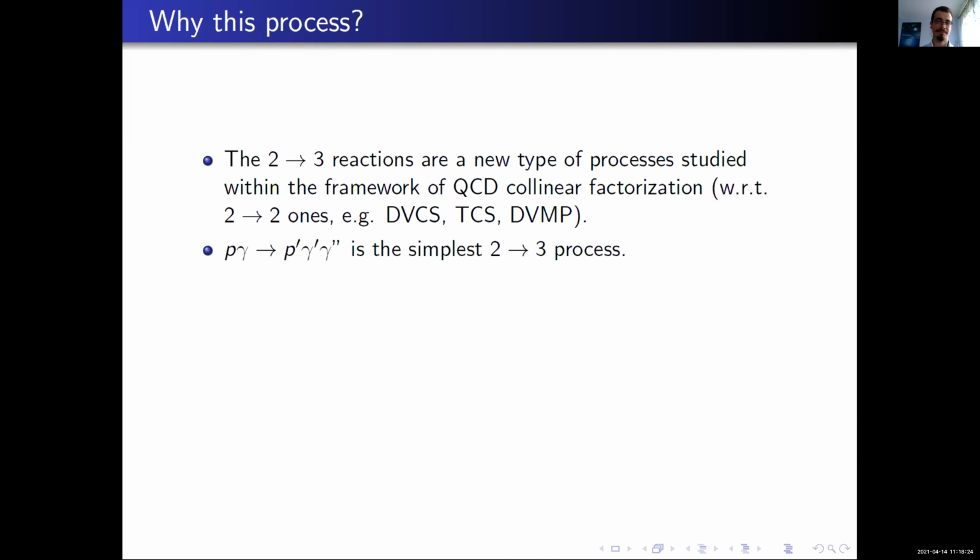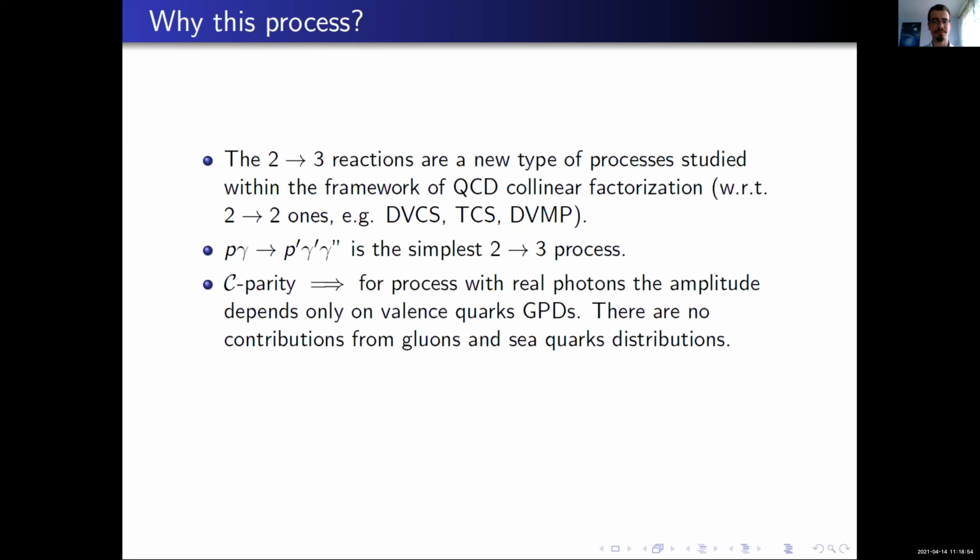And together with that, this is probably the simplest of such processes, because we have only real photons in this case, and there are no more complicated contributions like distribution amplitudes, and the whole process at the Born level is purely electromagnetic.